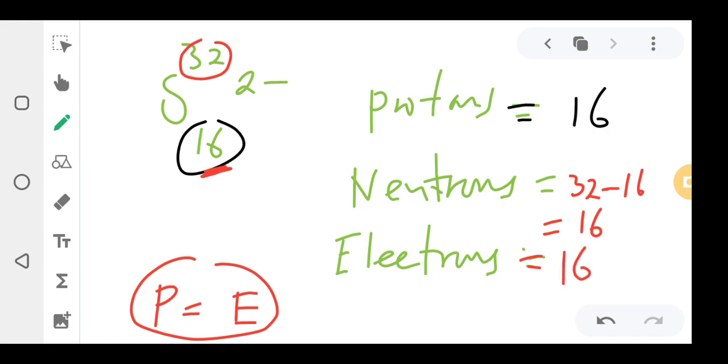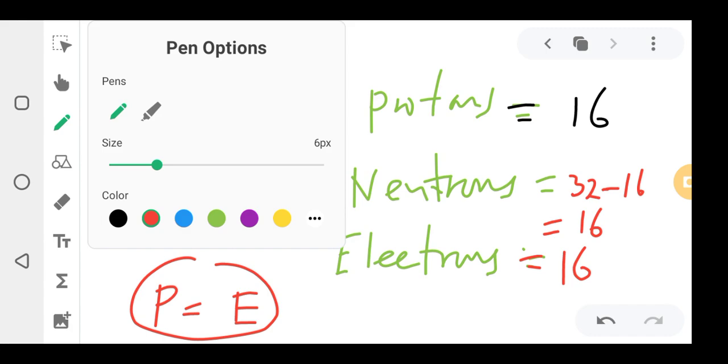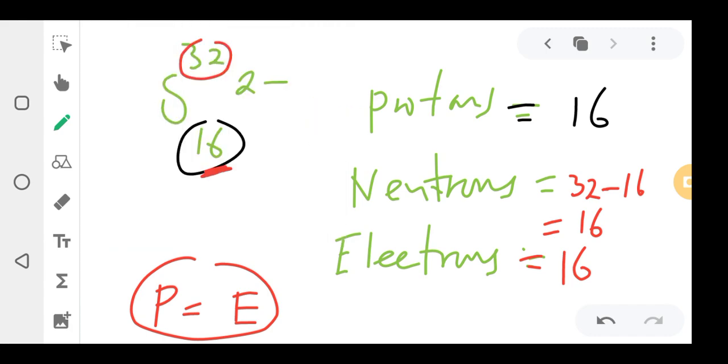But I look at the charge now. The charge will tell me whether I should add or subtract. This is 2 minus. Minus here means gain, so if it's minus 2 here, you put plus 2 on the electrons. So it will be 18. Remember the former example, it was plus, so I put minus.